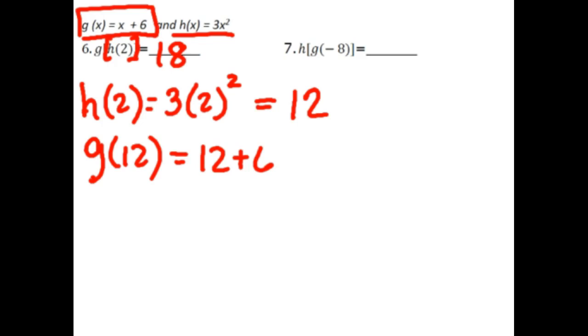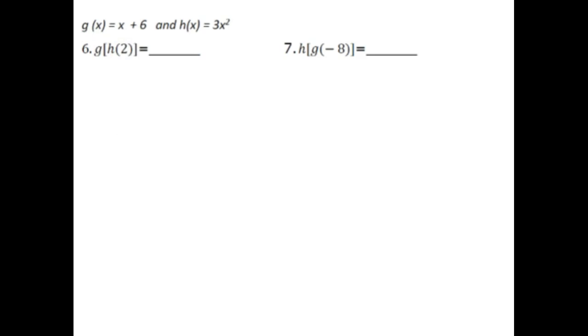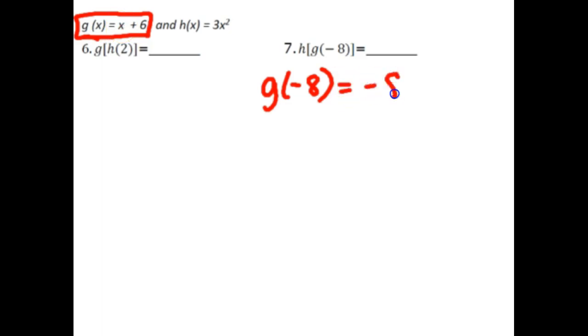Okay, let's see. Problem number 7. Problem number 7 has an inside number, so I'm going to start with the inside function. This says g, so I'm going to look at this one right here. In place of the x, I'm going to substitute in a -8.